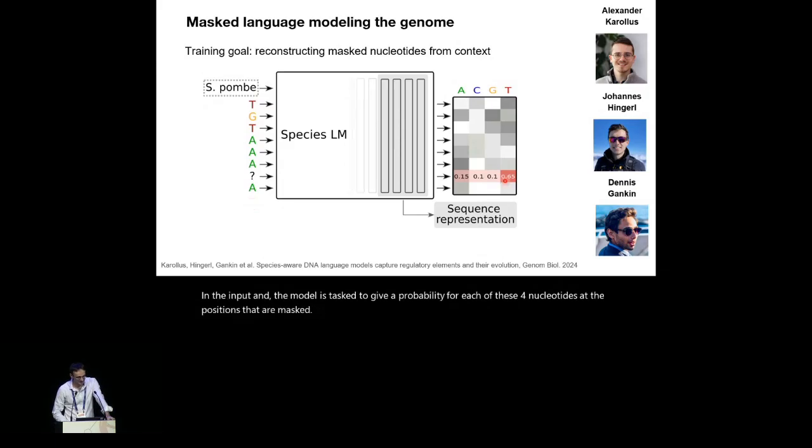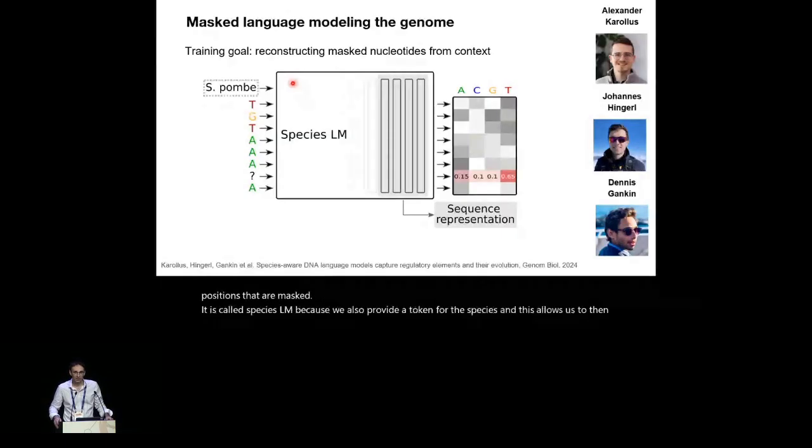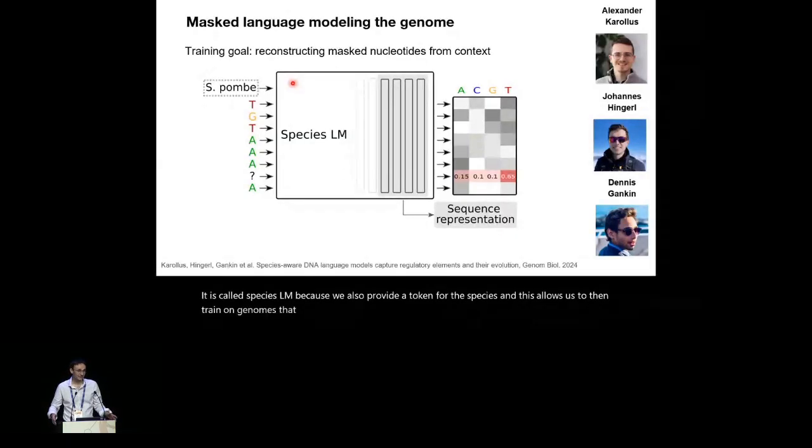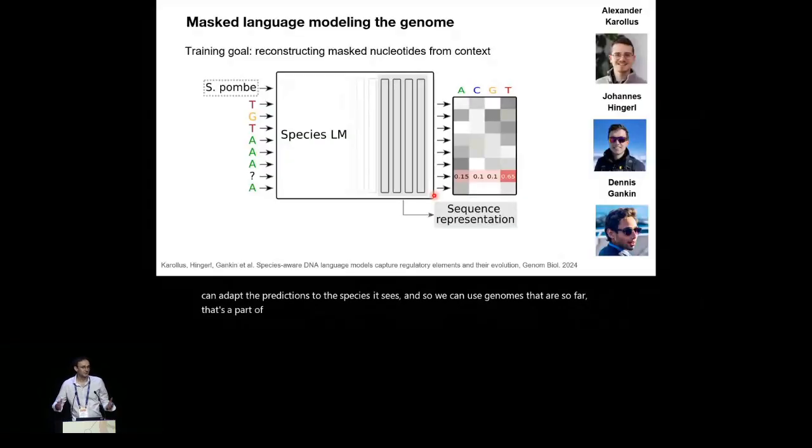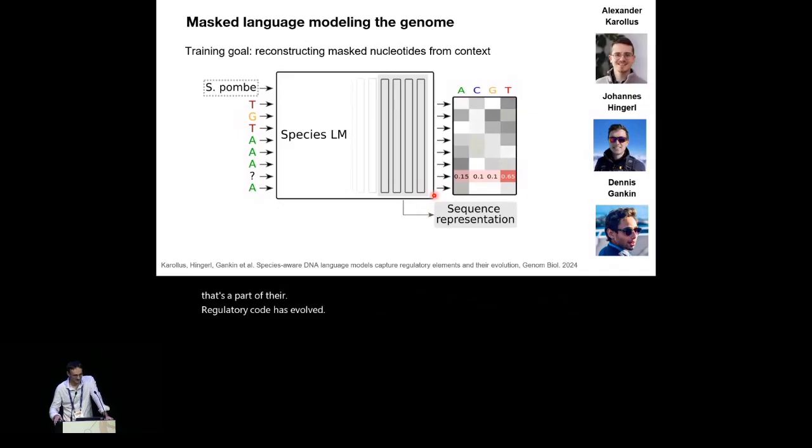It is called species LM because we also provide the token for the species, and this allows us to then train on genomes that are evolutionarily very far. Thanks to the species context, the model can adapt the predictions to the species it sees, and so we can use genomes that are so far that part of their regulatory code has evolved. This work was done by Alexander Carolus, Johanna Singel, and Denise Gankin.